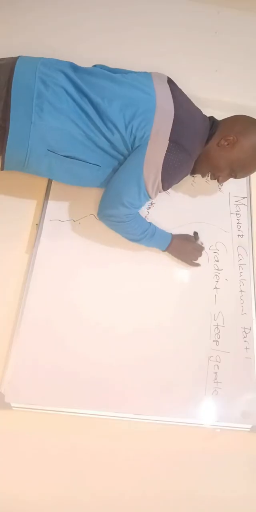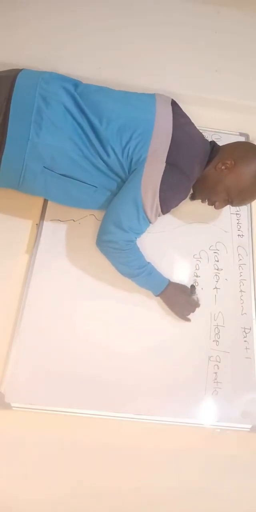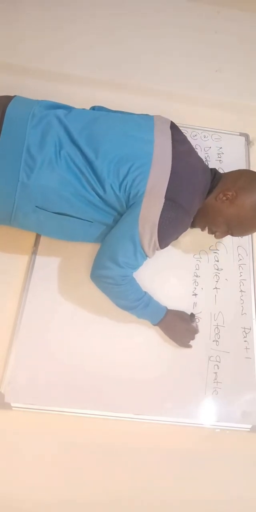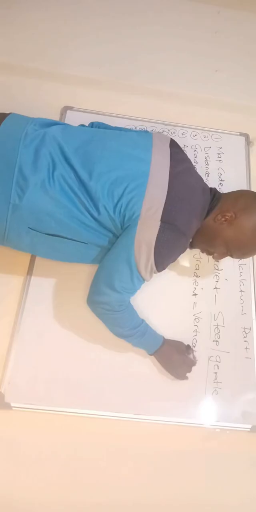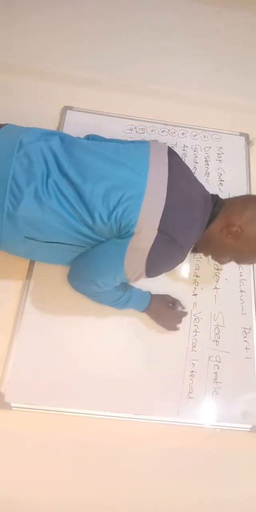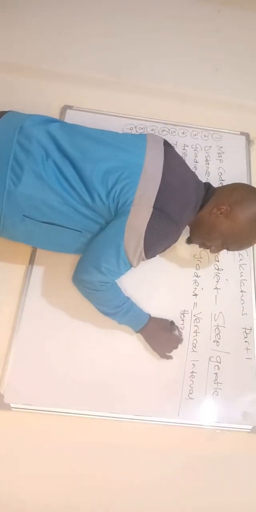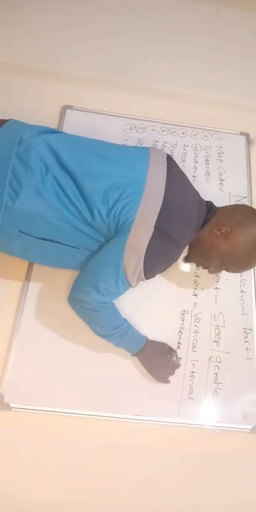What is the formula? Our gradient is equal to vertical interval divided by the horizontal distance.